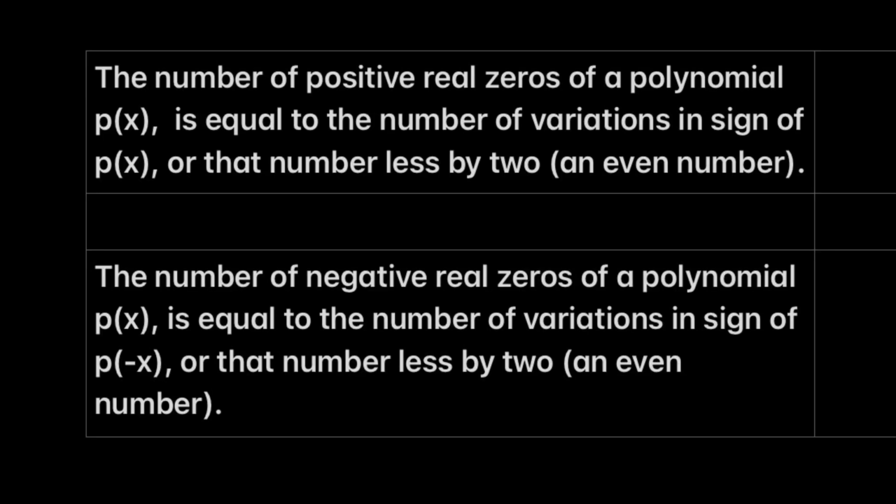Another thing that you need to know is that the number of positive real zeros of a polynomial p of x is either the number of variations in sign of that p of x, or it is less than that number by an even whole number. So in other words, when you look at p of x and you have three variations in signs, you are either going to have three positive zeros or you're going to have one positive zero.